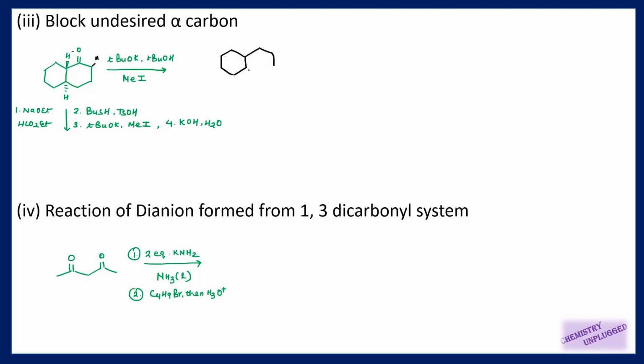So it will give me an enolate like this, and when I do its methylation, I will get the methyl group attached at this carbon. But I want to do methylation at this carbon only, so this reaction will not work for me. I have to block this carbon, otherwise it will participate in the reaction.